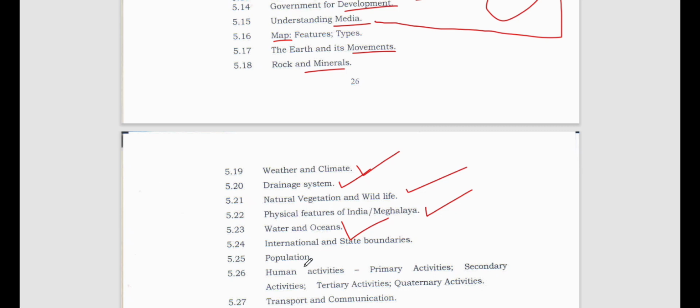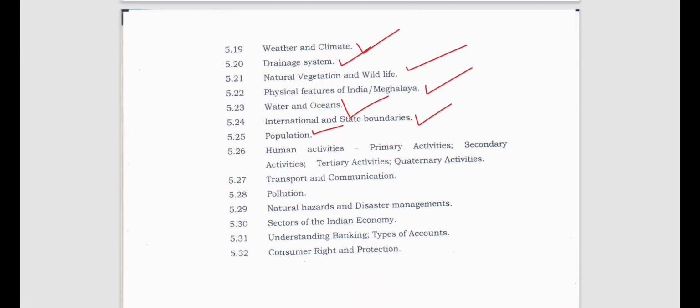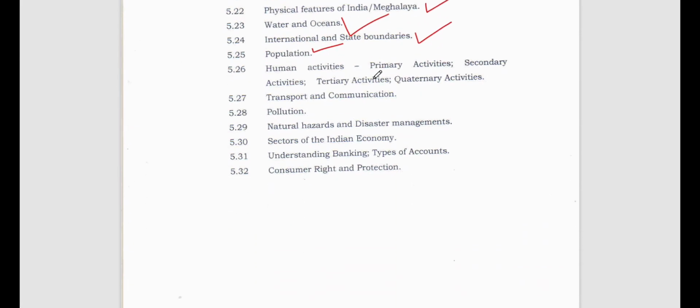Then water and oceans, international and state boundaries we need to know. Population we have to know, right? Then human activities: primary activities, secondary activities, tertiary activities, quaternary activities, transport and communication, pollution. Natural hazards and disaster management.